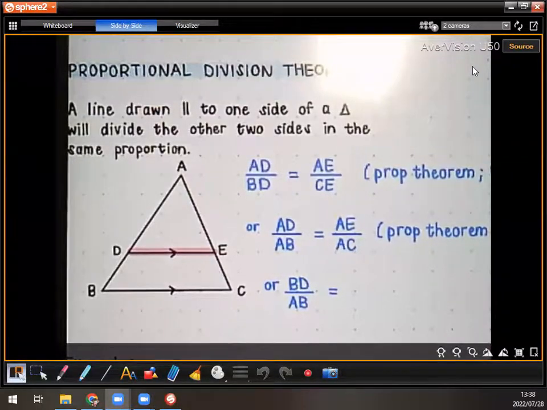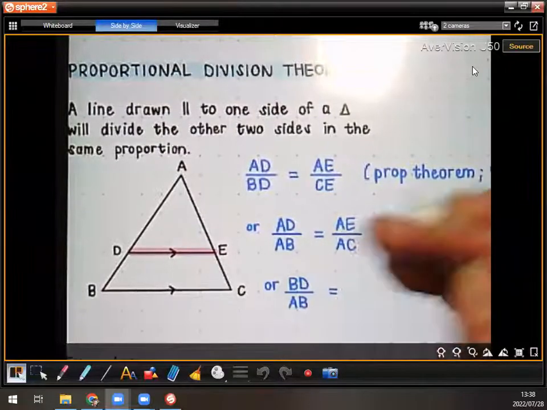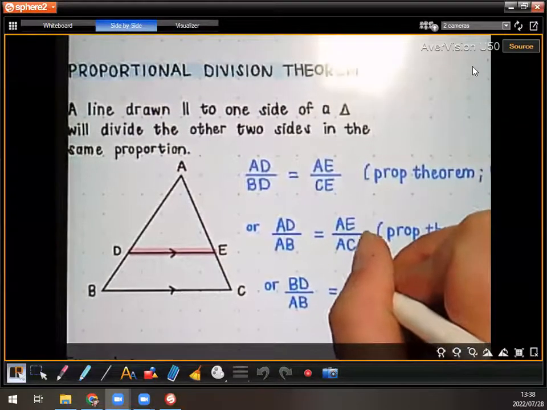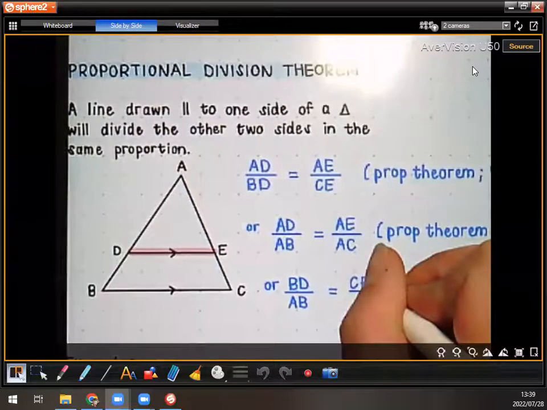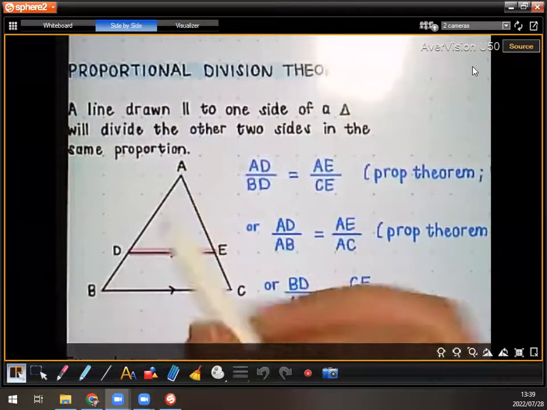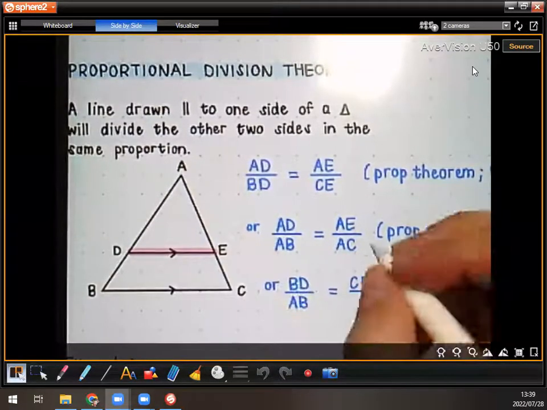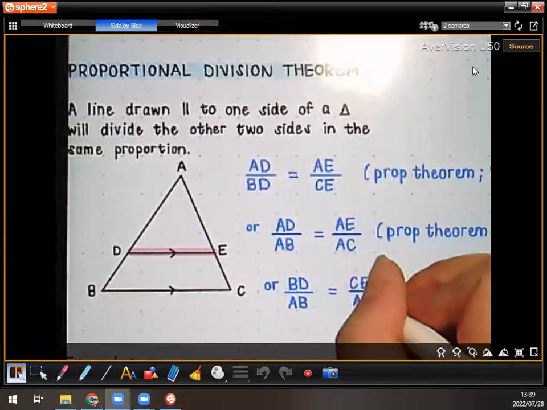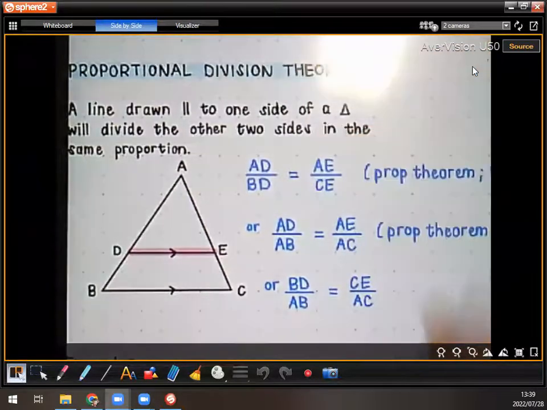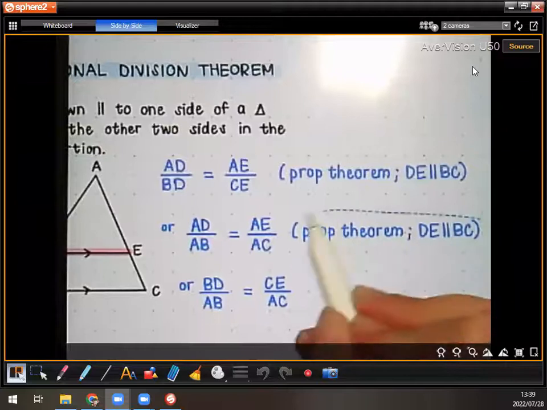What's the name of the small section on the other side of that triangle? EC or CE. Over, we use the whole side, so the whole side here is AC. And again, you would write the same reason.